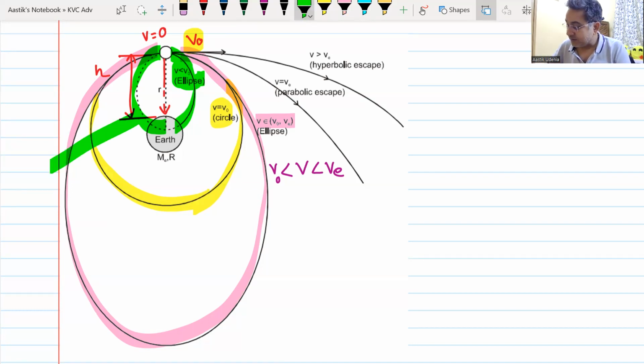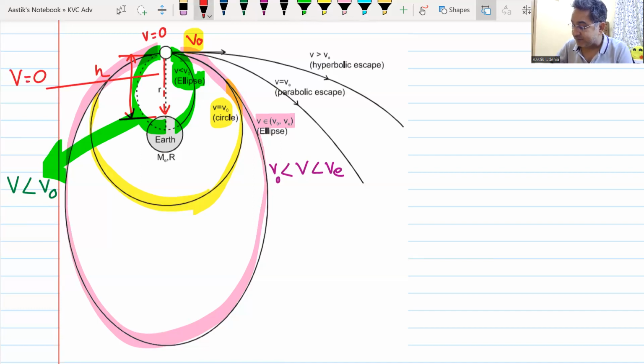Yes, sir. This green path, it will follow when your velocity v is less than orbital velocity. This red path, it will follow when the velocity is 0. It will just fall in a straight line. If it is less than the orbital velocity, it will follow an elliptical path, but it will fall back on Earth because the path will cut the surface of Earth.